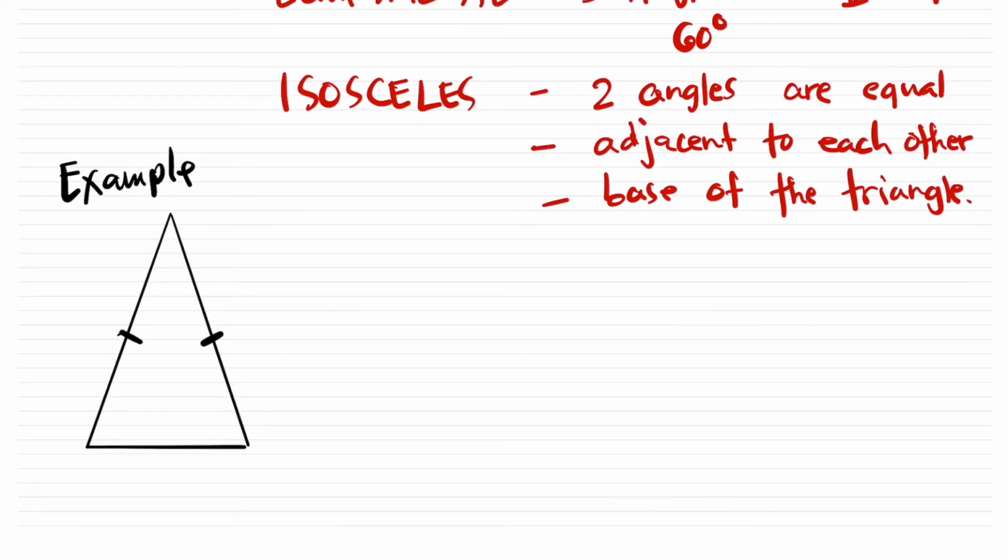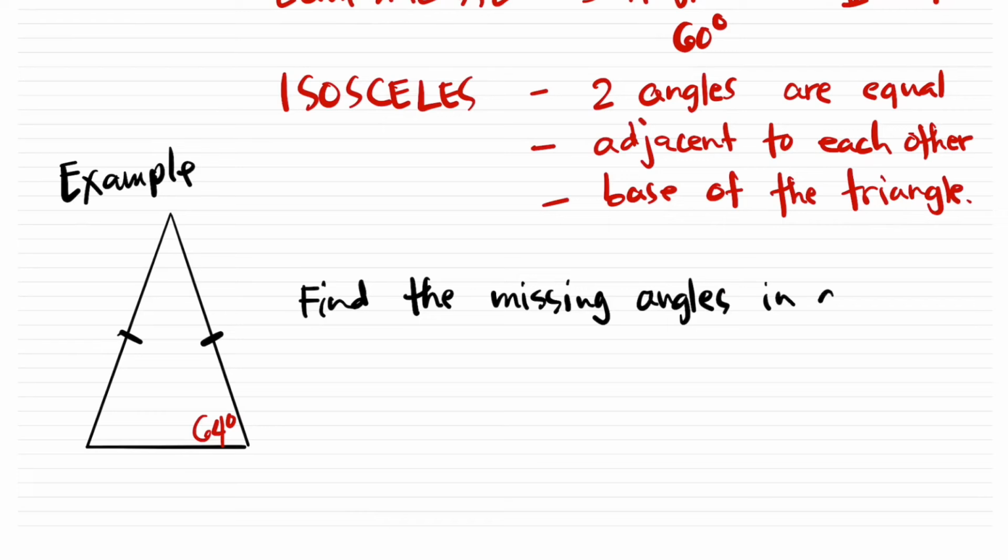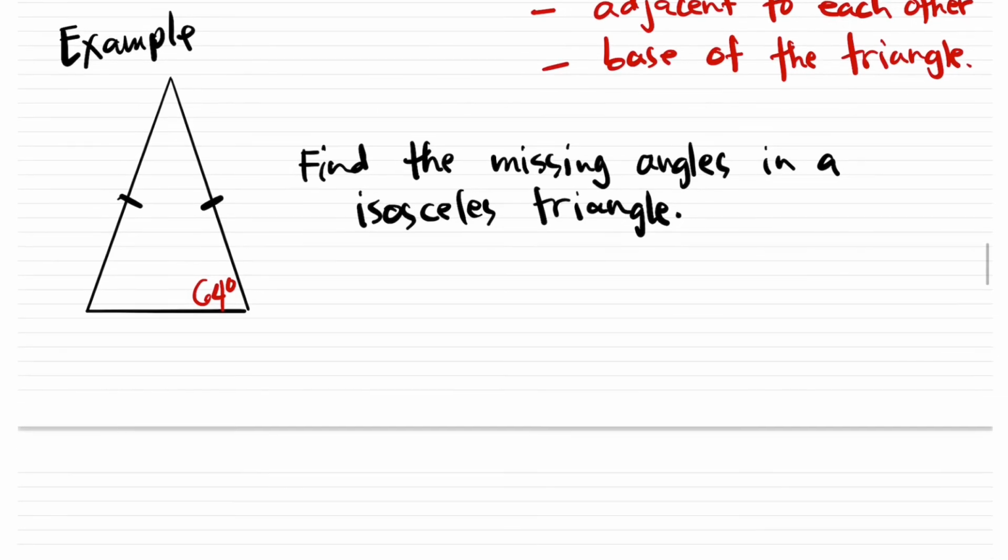If I have a 64 degree angle here, the question would be, find the missing angles in an isosceles triangle.